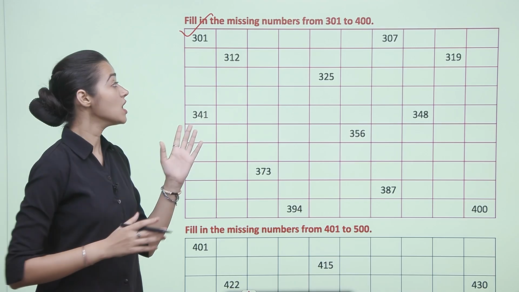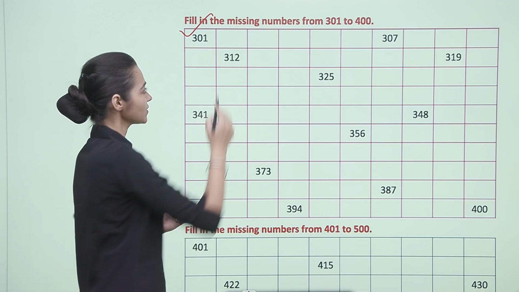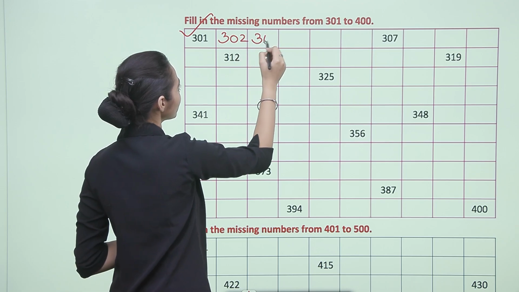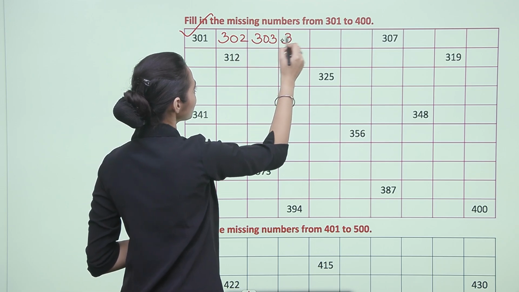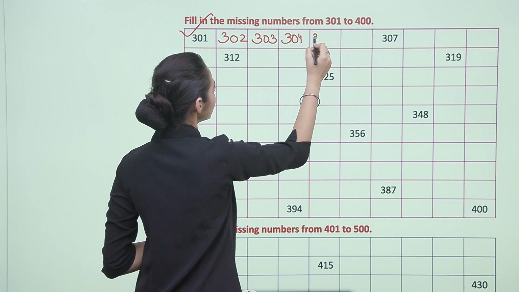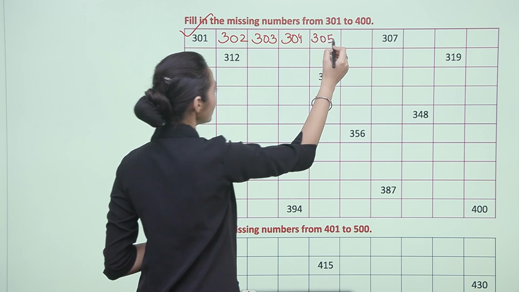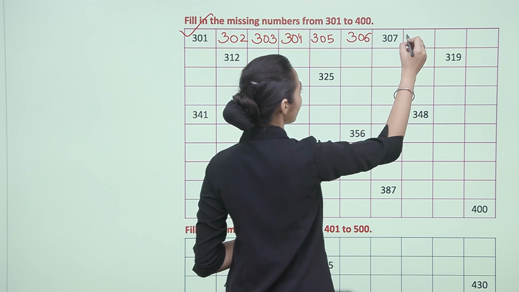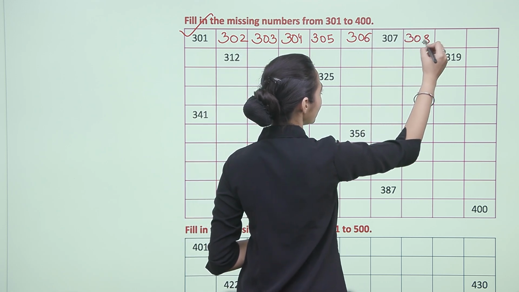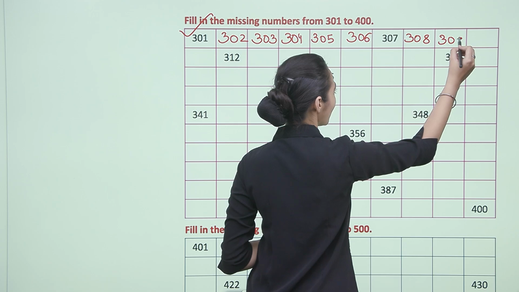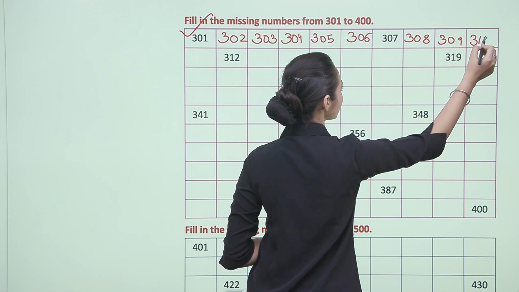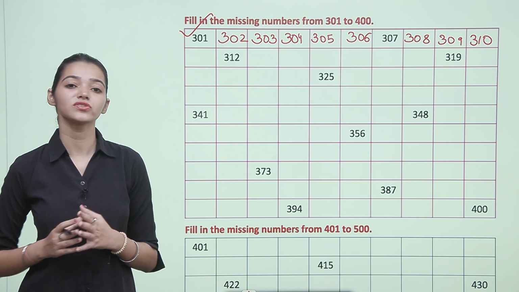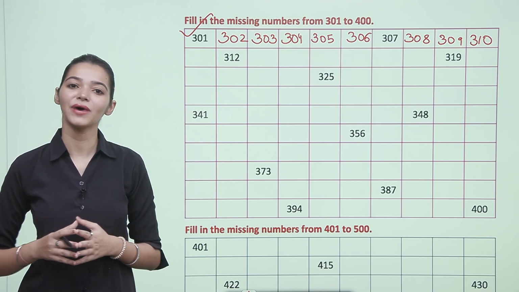Now let's start. 301, after that 302, then 303, 304, 305, after that 306, 307, 308, 309 and the last one in this row is 310. That's how you have to complete the remaining table by yourself.